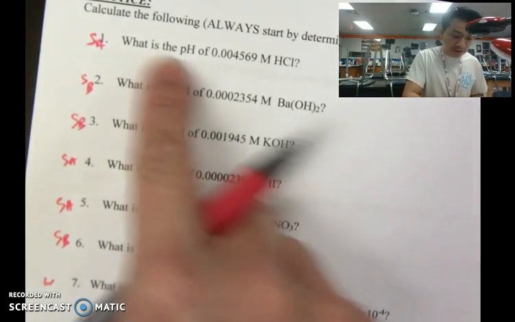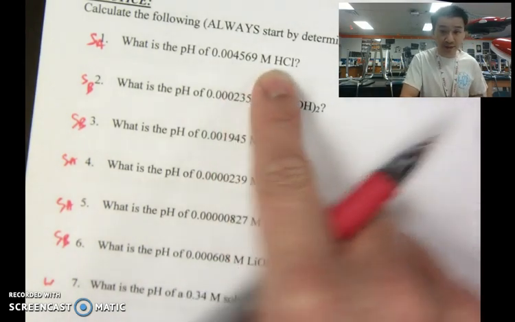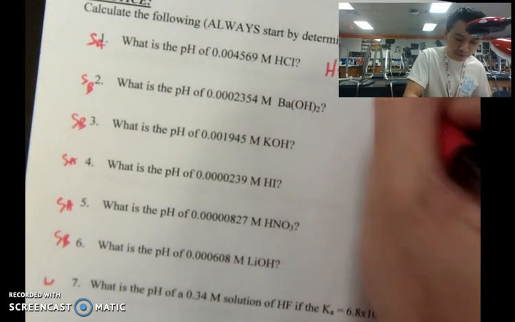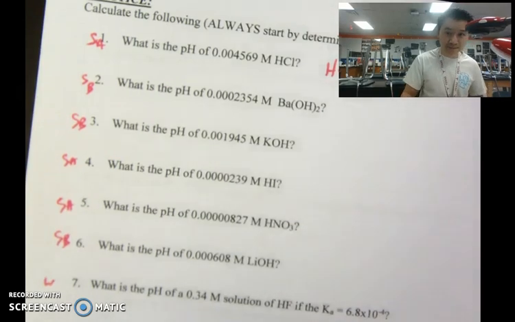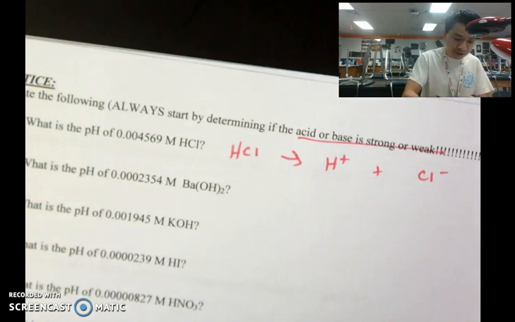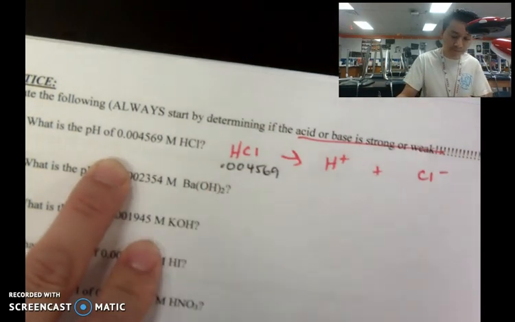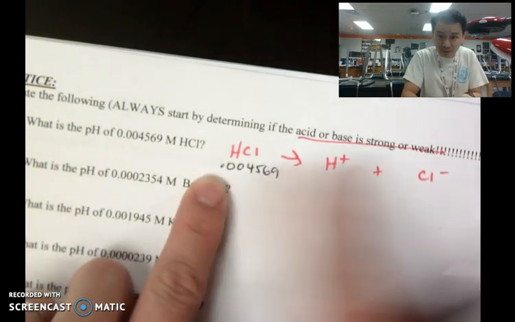What's the pH of 0.004569 molar HCl? This is a strong acid. Remember, HCl will split up into H plus and Cl minus. If we have one HCl, we have one H, right?